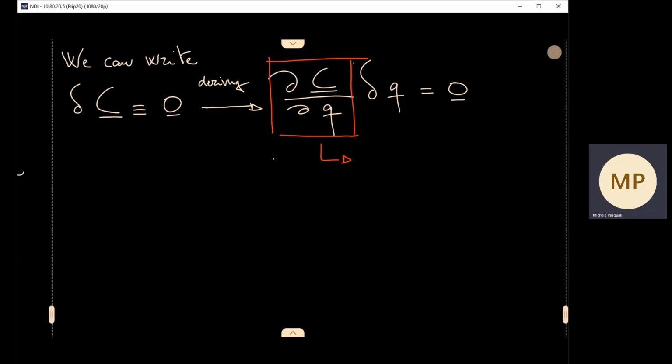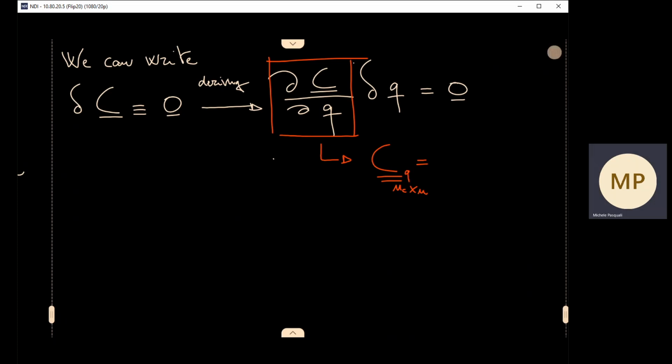This is a matrix. We saw it. This is a matrix which is nc times n. And it's called the Jacobian of the system. We call it Cq.